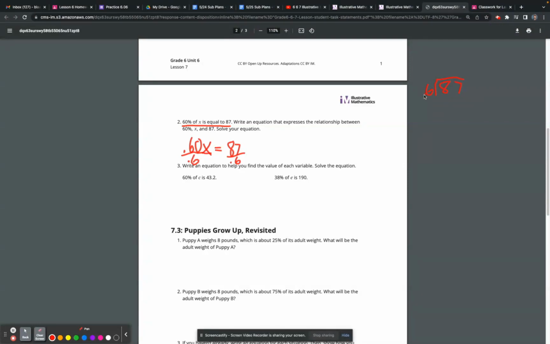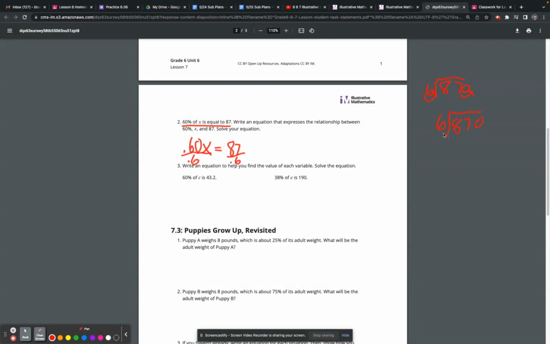So I'm going to turn the 6/10 into a 6 by moving the decimal to the right once, which means I need to move the decimal in this number to the right once, so I can write an equivalent equation. So what that's going to turn into is 870, because I fill that empty space with a 0, divided by 6, because this is equal to what we originally had here.